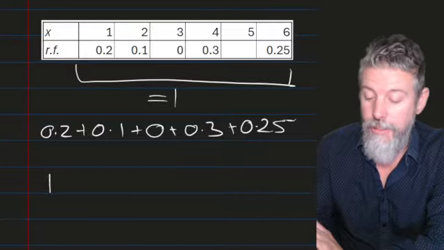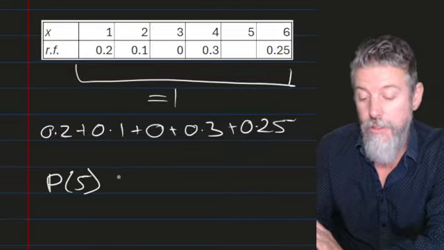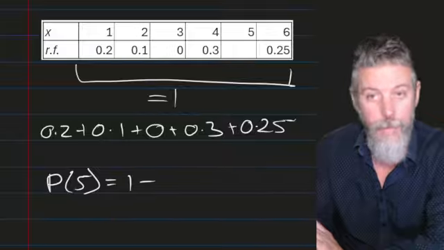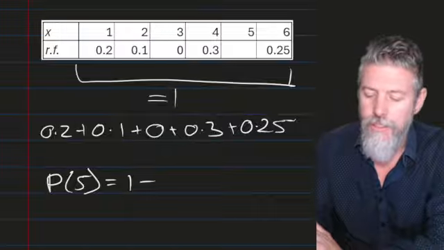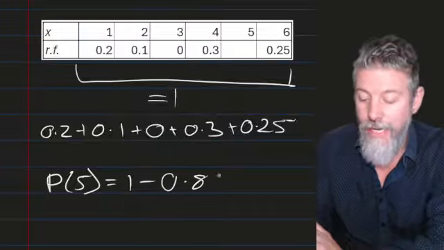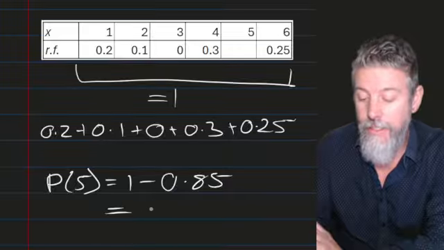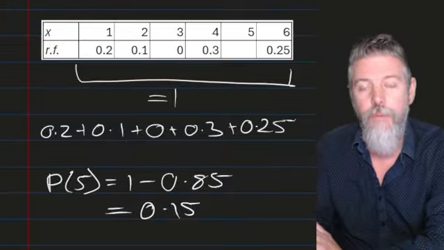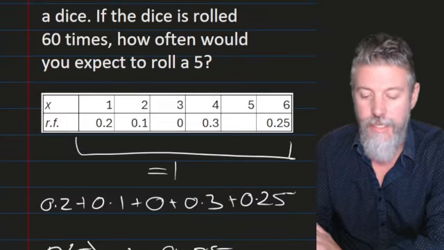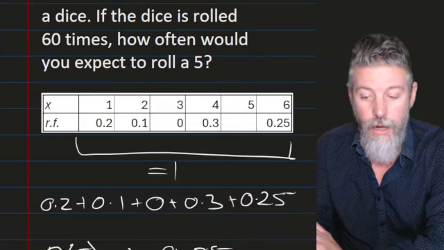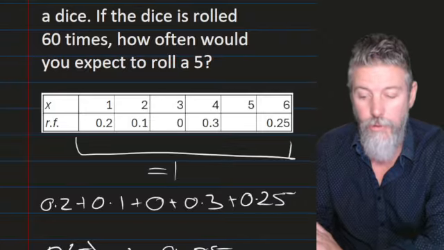So my probability of the 5 is all of the outcomes minus not my outcome. This is like a complementary event. So I'm going to minus 0.85 and I get 0.15. Okay, so now I've got my relative frequency of a 5. The question then says, if the dice is rolled 60 times, how often would you expect to roll a 5?